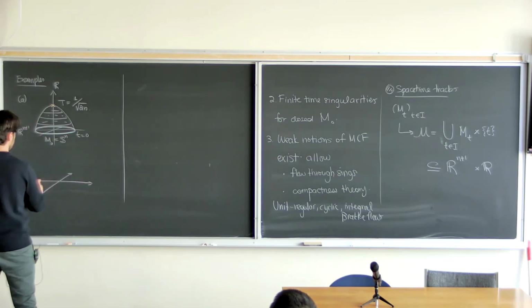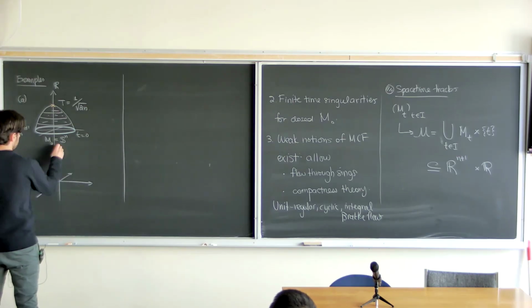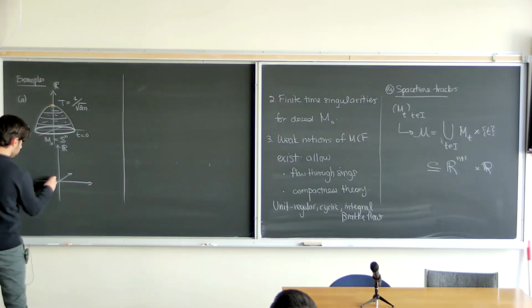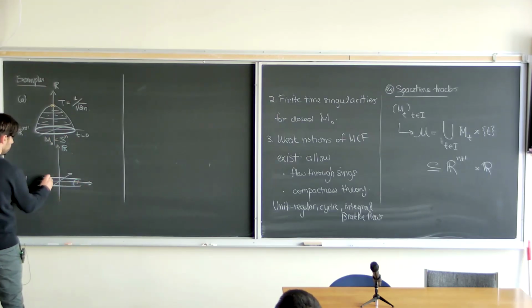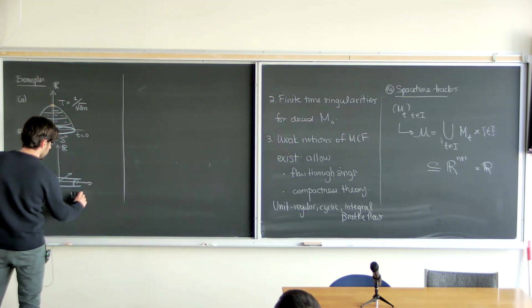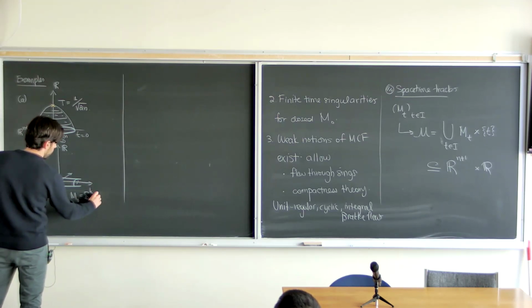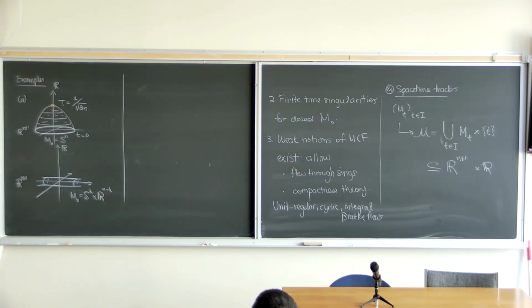So here's your R^(n+1). Here's your R axis. And now your initial condition is, again, down here. And the cross section is some lower dimensional sphere. So M_0 is some S^k cross R^(n-k). And if you flow it, then these spheres contract, kind of like this one does.